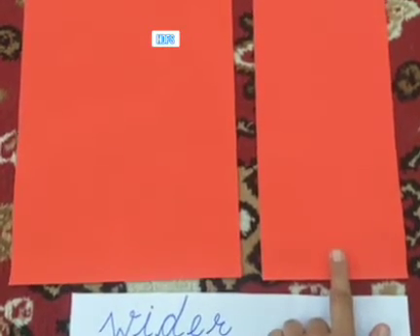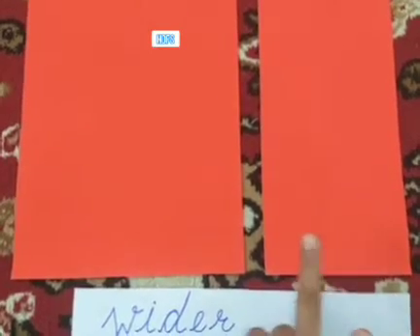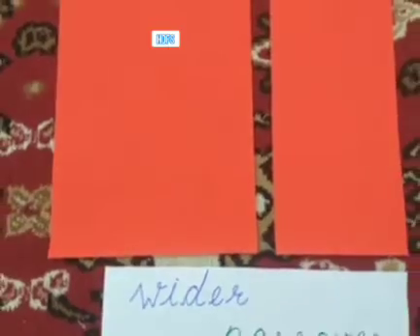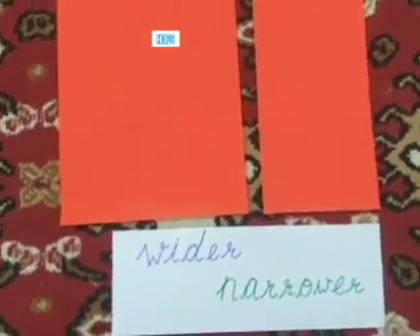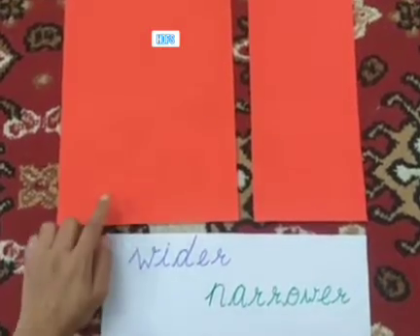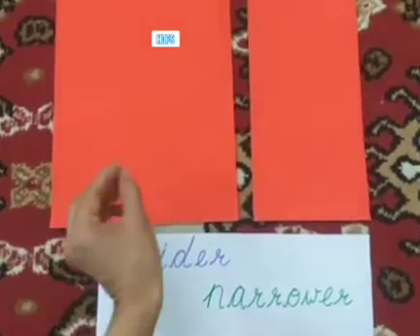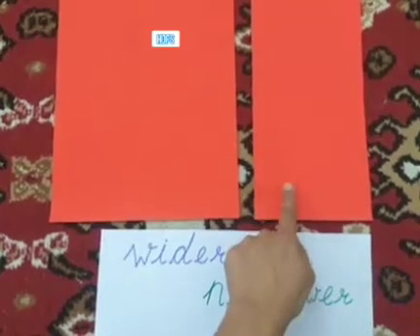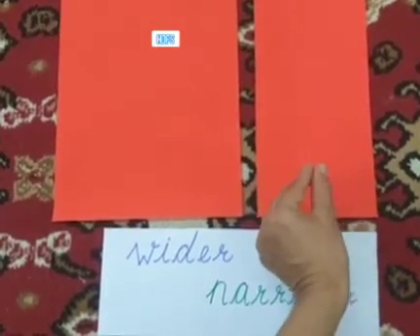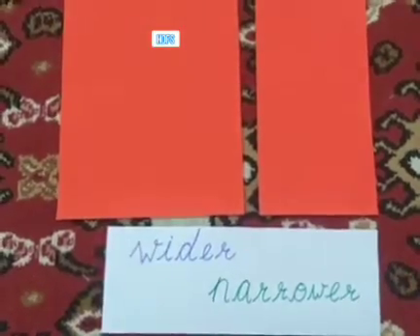The second paper is narrower than the first red paper. So the words that are used here are, the first red paper is wider than the second paper, and the second red paper is narrower than the first paper.